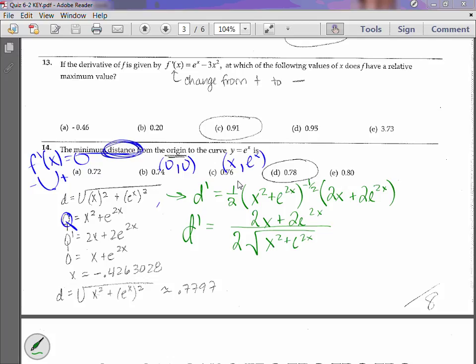Now, again, to find the minimum, we want to take our derivative and set it equal to 0. So if I take this and set it equal to 0, in a fraction, what do I need to be 0 in order for the whole thing to be 0? I heard one person that said it correctly.